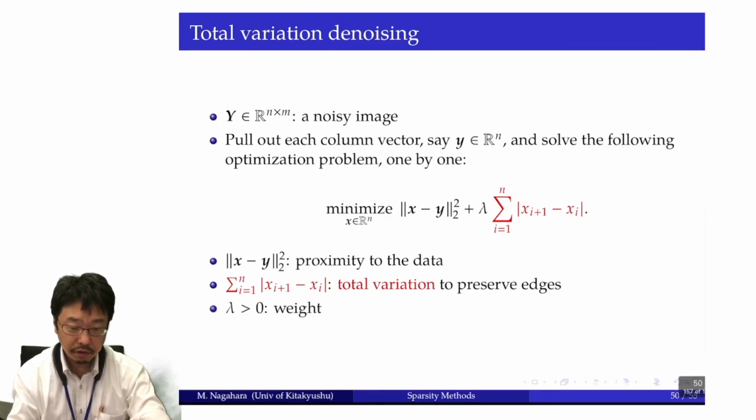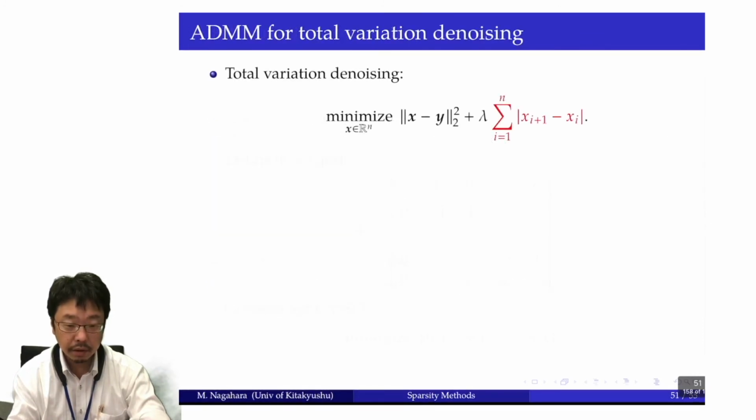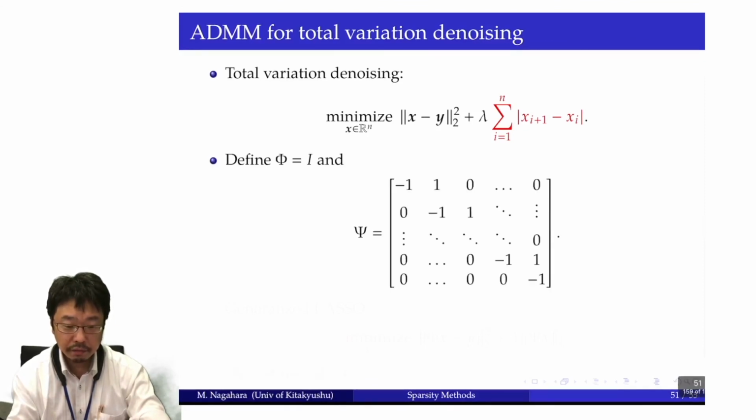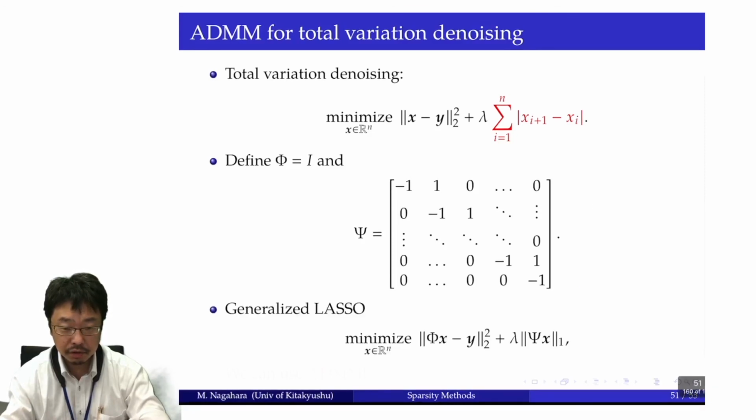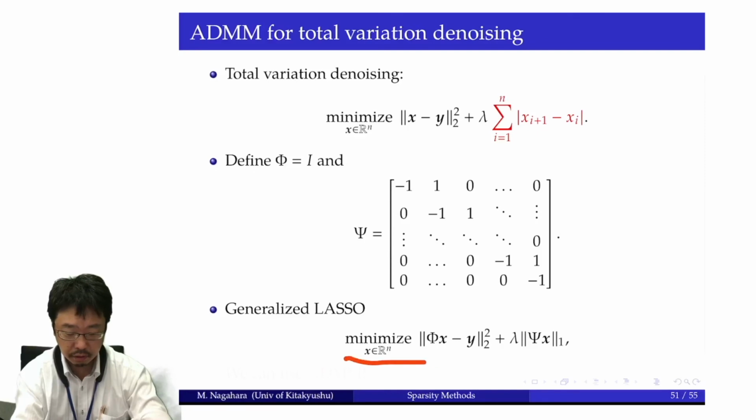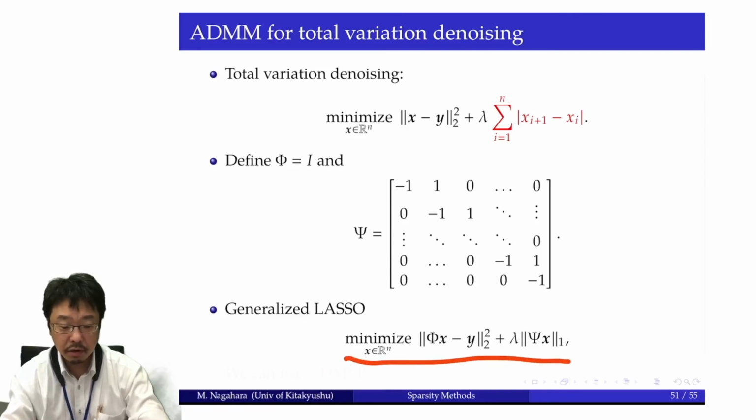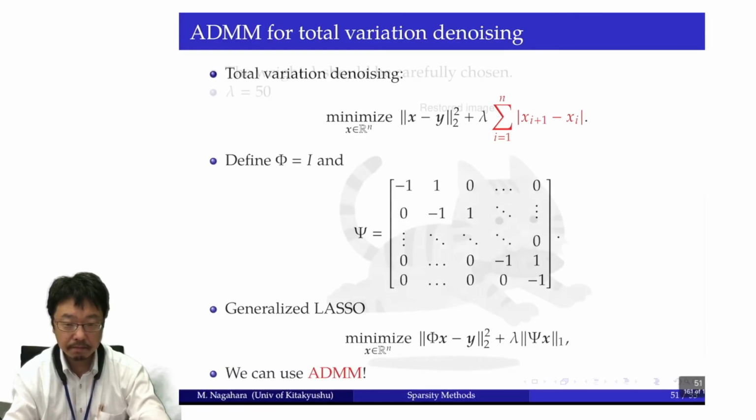Lambda is a positive weight. This is called total variation denoising. Define phi to be identity and psi to be this matrix. Then the optimization problem becomes generalized LASSO described by this. Therefore, we can use ADMM.